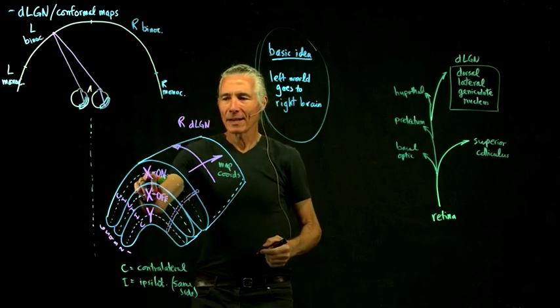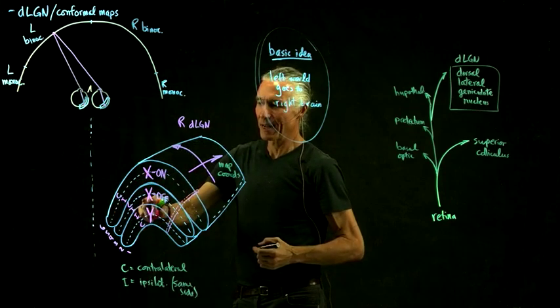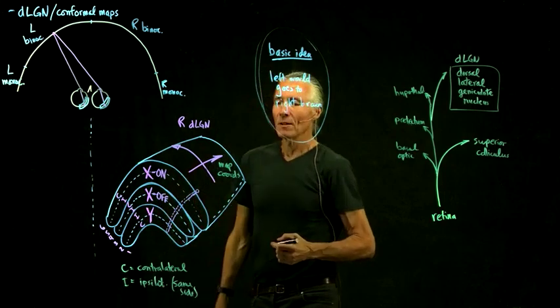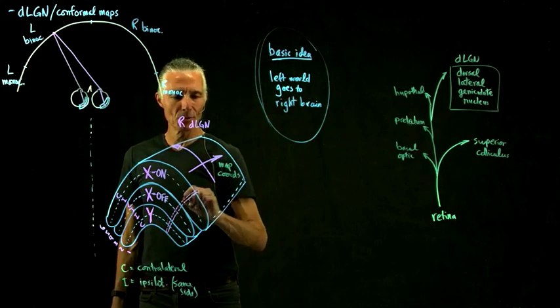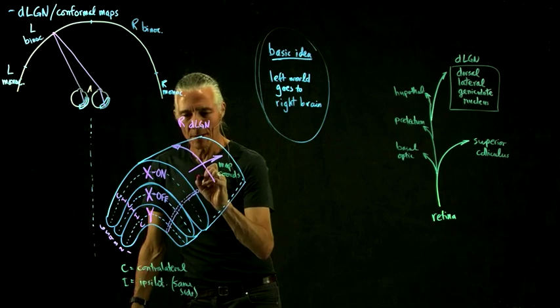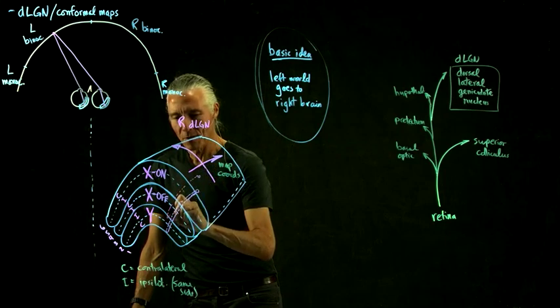And there'll be an X-on version of it coming from the contralateral eye, and an X-off coming from the ipsilateral eye, and the Y. All those different things are kind of in this tiny little tube. If you go to some other part of the visual field, there'll be another little tiny tube going down through all the layers like that.